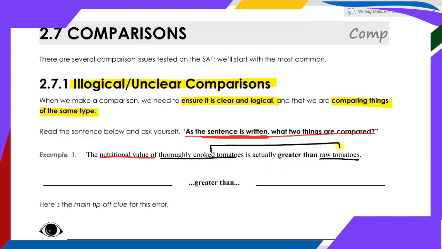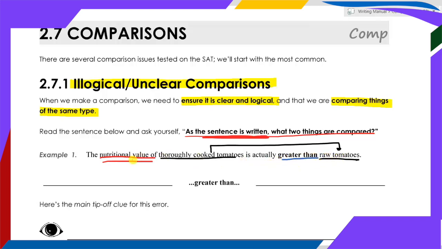These two things are comparable. We could compare thoroughly cooked tomatoes to raw tomatoes. We could say one of those is greater than the other. What we cannot do is say the nutritional value of this first type of tomato is greater than this type of tomato. What we are saying literally in this sentence is that the nutritional value is greater than raw tomatoes.